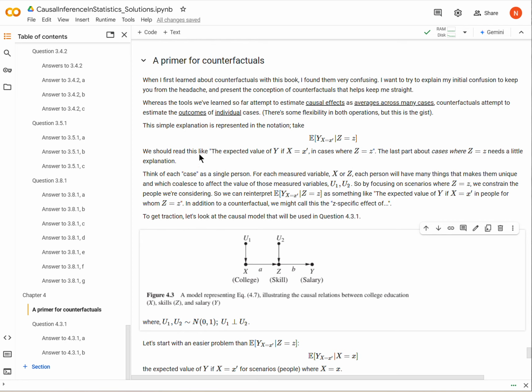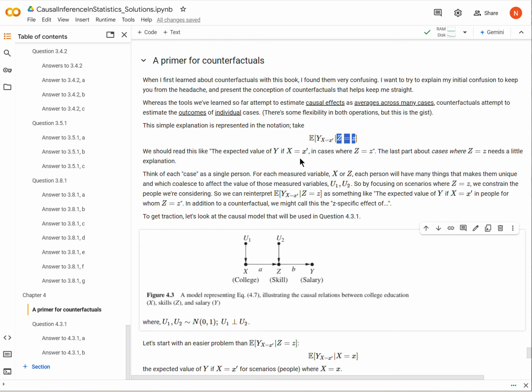And so when we say, in cases where z equals z, we are saying for individuals for whom z equals z. Individuals for whom z equals z is going to select certain values of u1 and u2, okay?